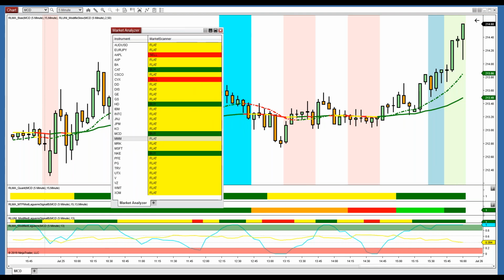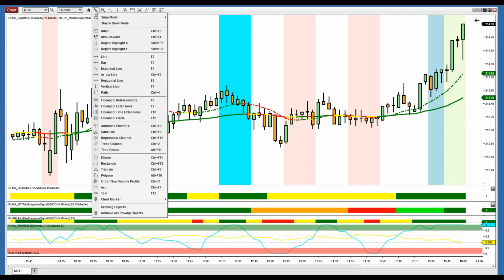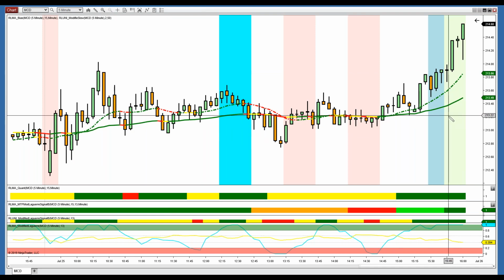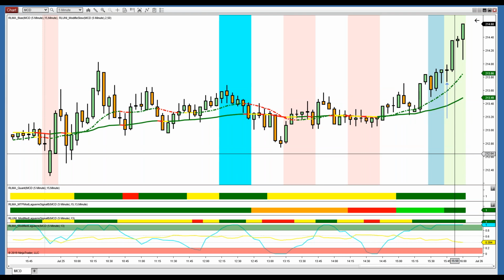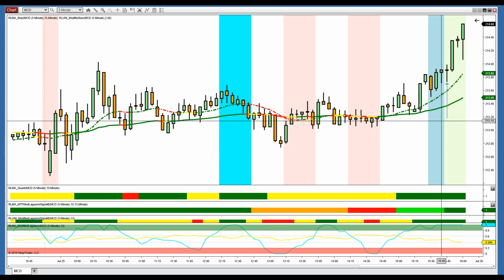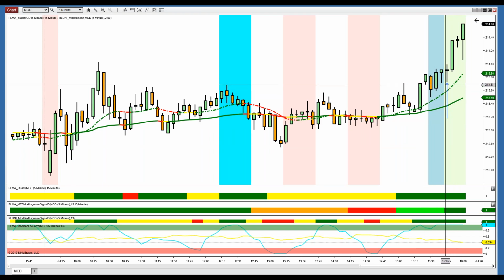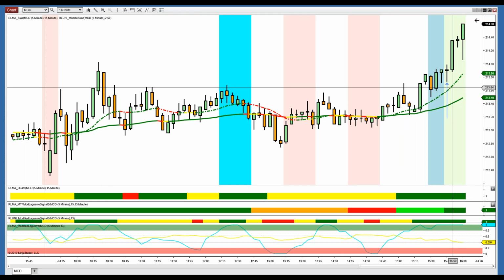Now the buy actually occurred right here. Right there. Because it moves sideways, you're not going to get a buy signal on the analyzer unless the background is green.